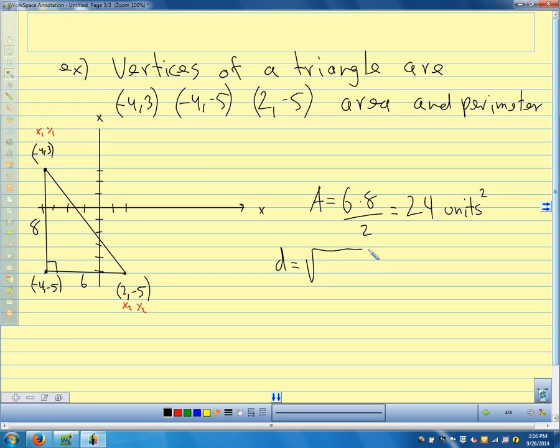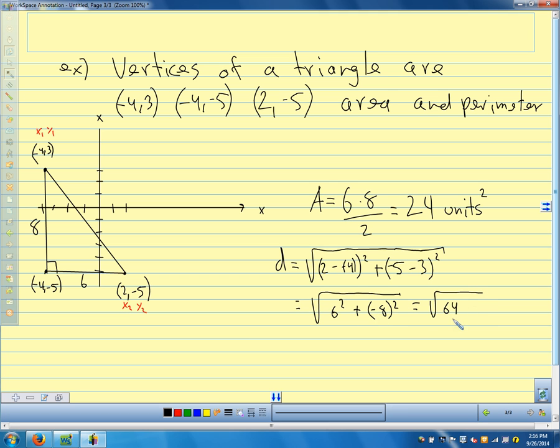Distance equals the square root of (x2 minus x1), and we're going to square that, plus (y2, -5, minus y1, 3), square that. -2 minus -4 is 6. So we have 6 squared plus -5 minus 3, which is -8, squared. And we remember that we never end up with negative numbers under our square root.